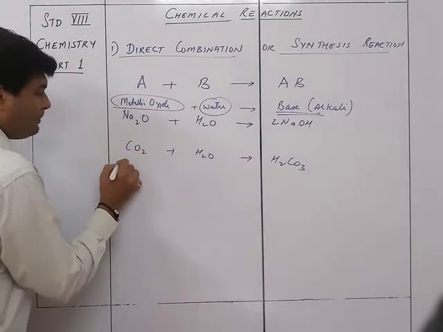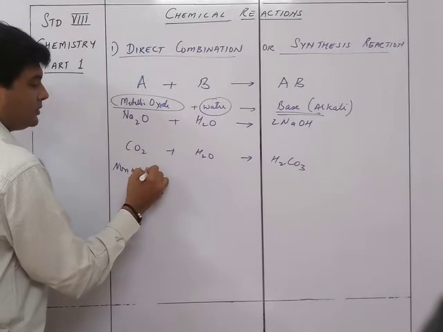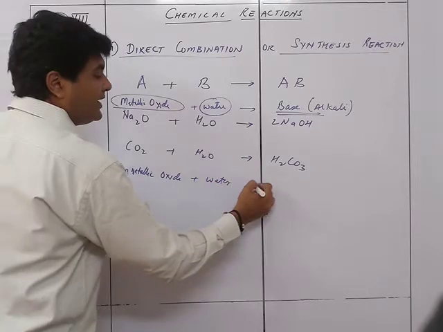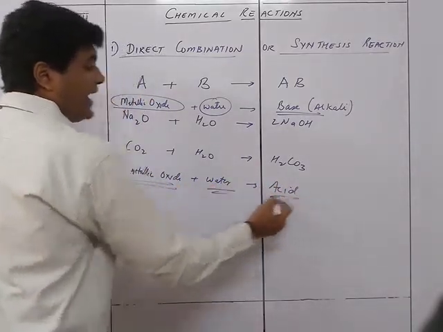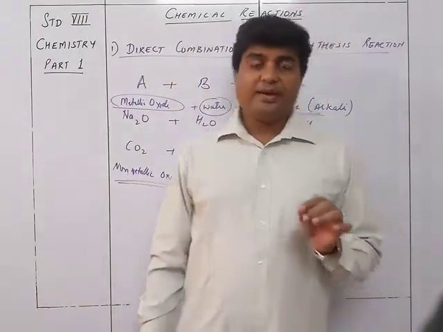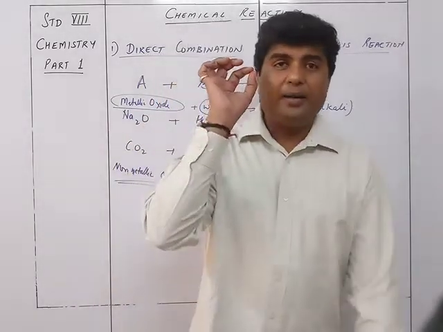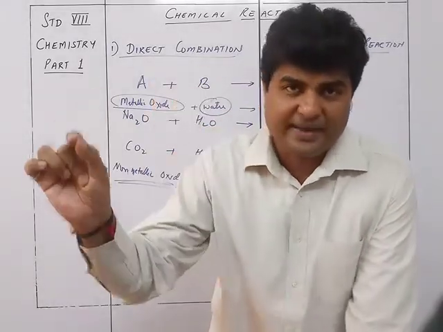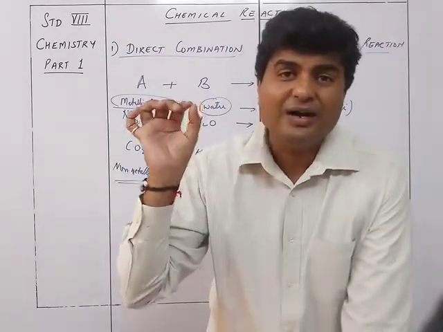Whereas a non-metallic oxide, when it reacts with water, will give you an acid. Non-metallic oxide plus water will give you acid. This is a very important thing to remember in chemistry: when a metallic oxide reacts with water, it forms a base, whereas when a non-metallic oxide reacts with water, it forms an acid.